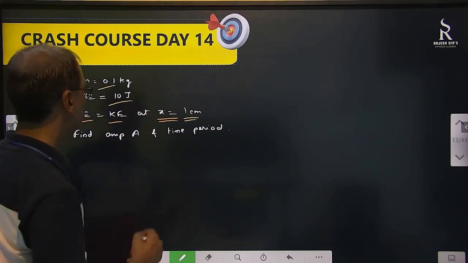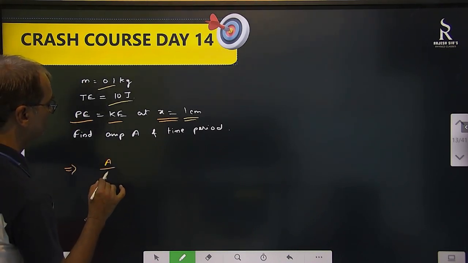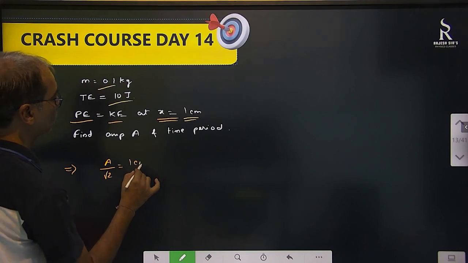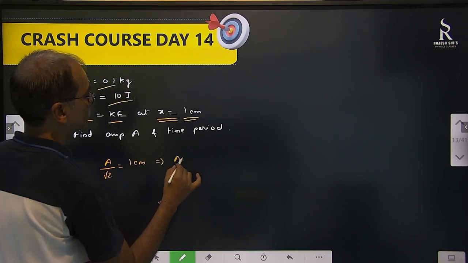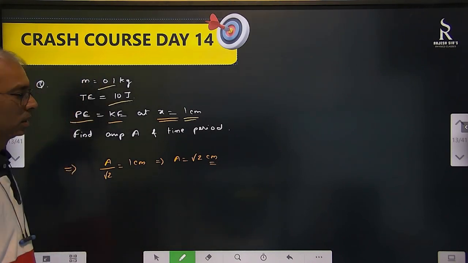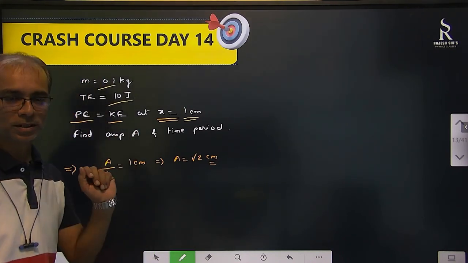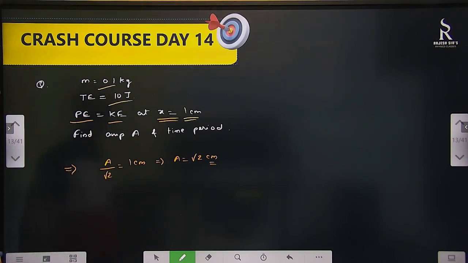So a by root 2 is given as 1 to you. What is a then? Root 2. He is asking a also. Okay, so we did it from that question itself. A equal to root 2 centimeters. Okay, fine. Now what else we have to do?